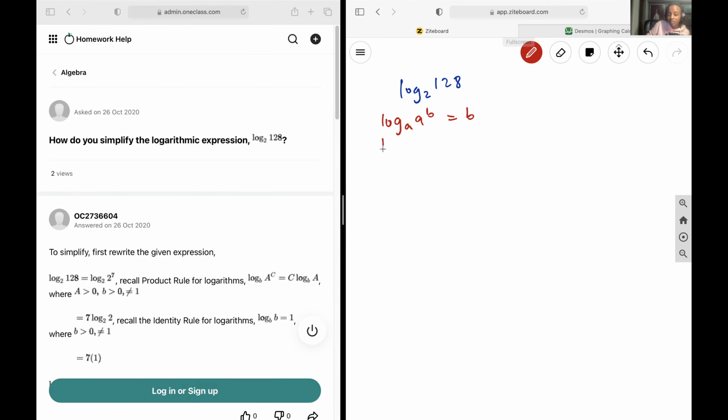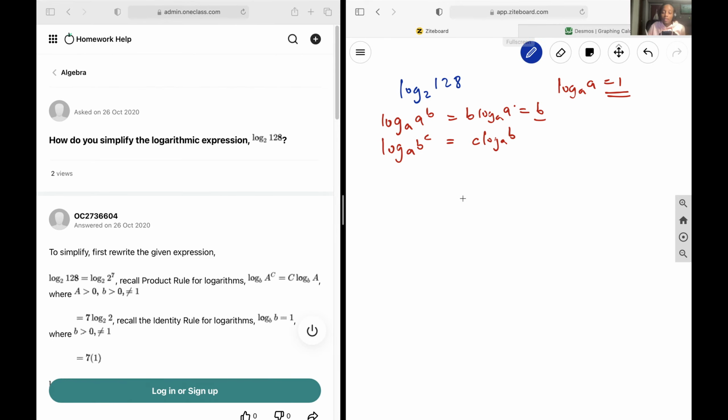This is true because of this logarithmic property, which just states that log to the base of a of b to the power of c is just going to be c times log base a of b. And we know that log base a of a is equal to 1. So this should become b log a of a, and that is going to be equal to b.